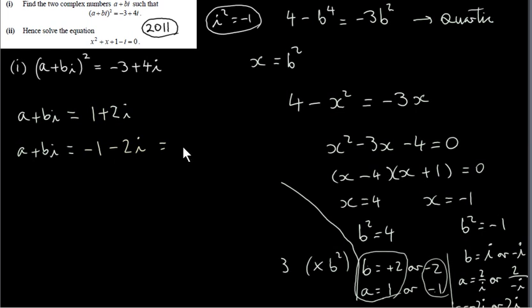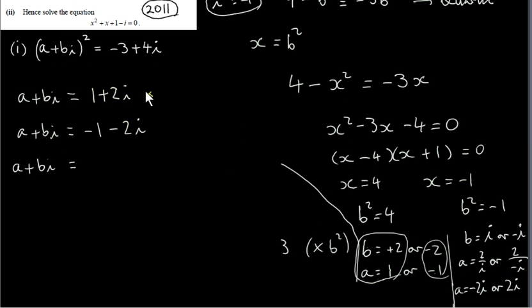This complex number here can be written minus 1 times 1 plus 2i. And if we square this, we're squaring this minus 1, which becomes plus 1. So really we're just squaring 1 plus 2i, which should give us minus 3 plus 4i.